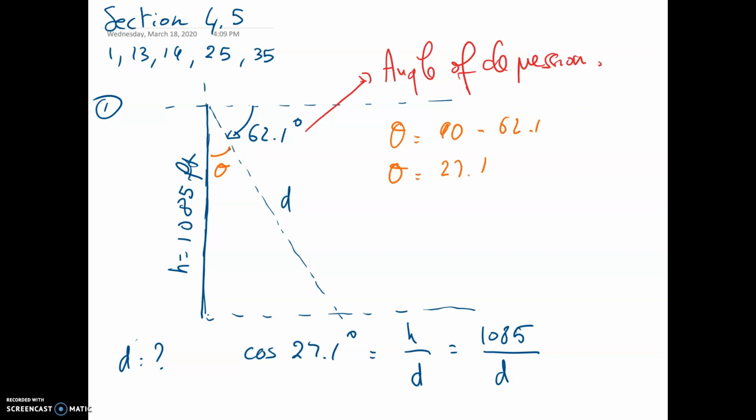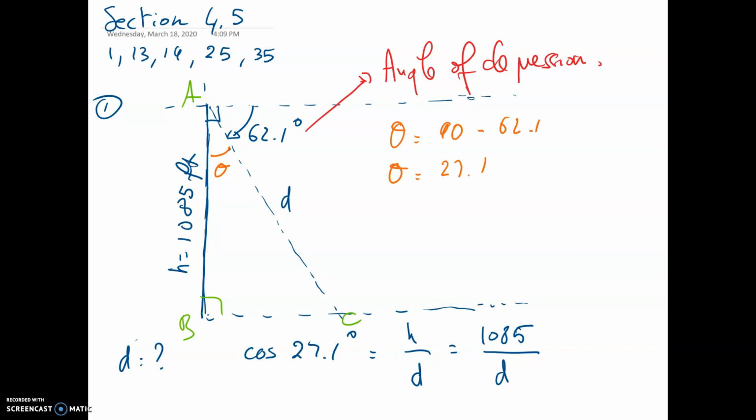To calculate D, basically, you need to look at the right triangle. If I look at this triangle A, B, C, a right triangle with a right angle in B, I know that the cosine of the angle theta is equal to H divided by D. But the problem is I don't know theta. To define theta, I remember that I have a right angle right here between this line and this line.